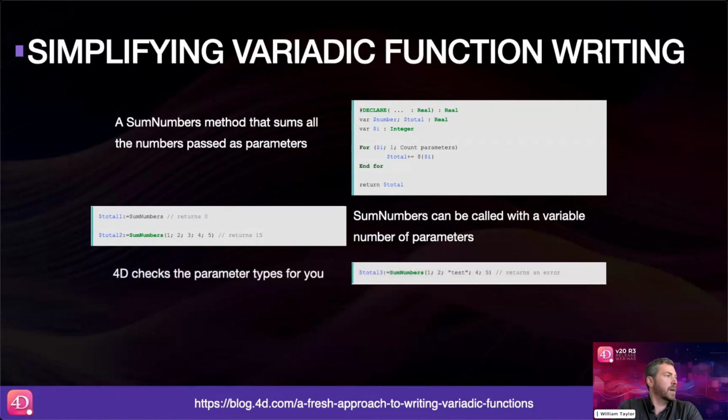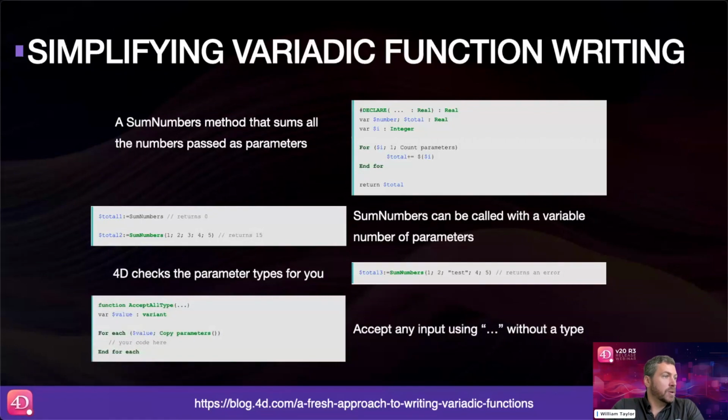And what's also cool about this is that 4D will take the real type and will return errors if you call it with data that it's not expecting. Right now it's expecting reals. If you put in some text, it doesn't know how to add that, it doesn't know what to do, so it'll throw an error.